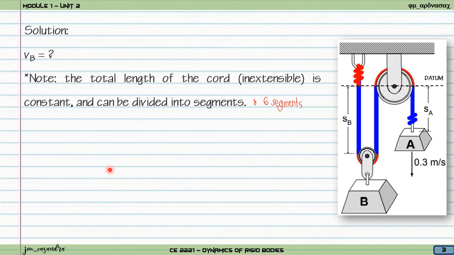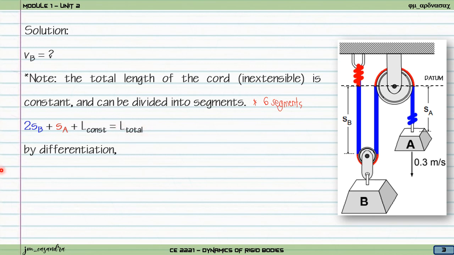From here, we get the equation 2SB plus SA plus L constant equals L total. Why 2SB? That is one SB, and the second SB. Then we have your SA. The constant length will simply be the sum of these red highlighted lines. Adding them up will be the total length of the cord.